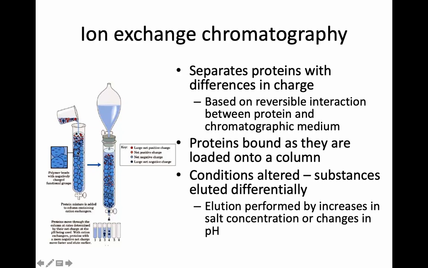The negatively charged molecules will elute much earlier, so will be contained in early elution volumes, because they're not going to be attracted by the negatively charged beads, while the positively or largely positively charged compounds are going to react with your beads and therefore be slowed down.